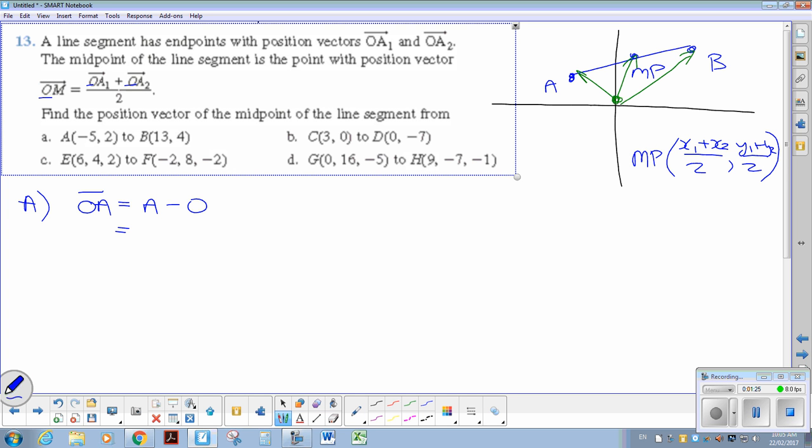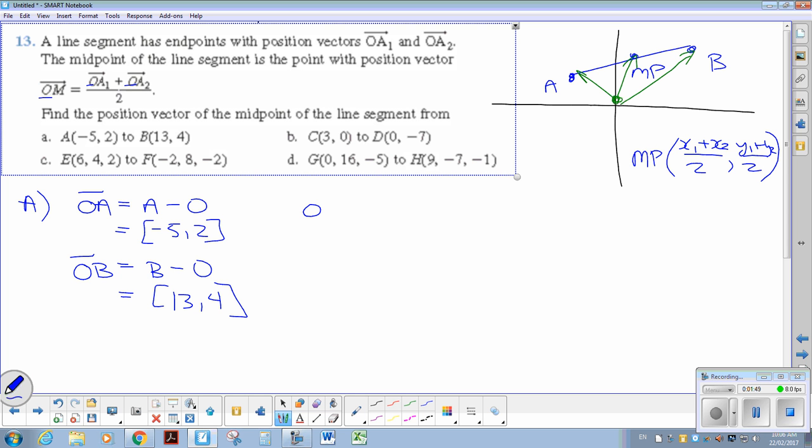The nice thing with using the origin is you're just subtracting 0, so the coordinate of A becomes our vector OA. We need to find OB, which means point B minus the origin, so point B becomes the vector. That's the hard part right there.